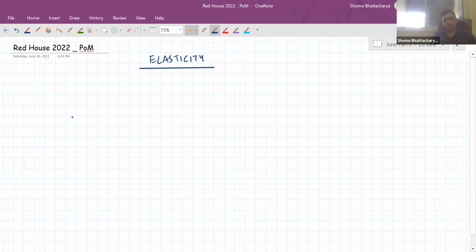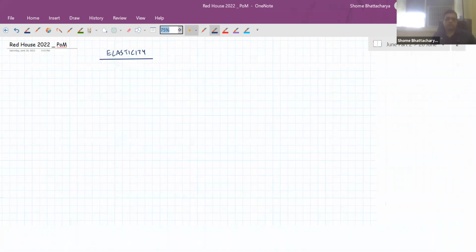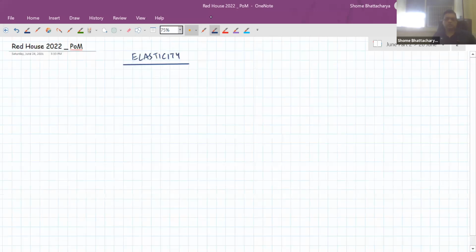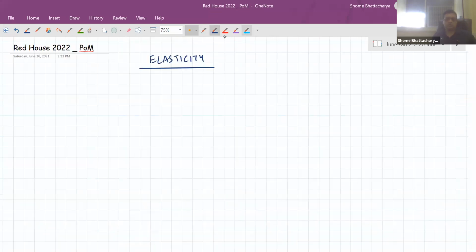So another property of solid materials is called Poisson's ratio.